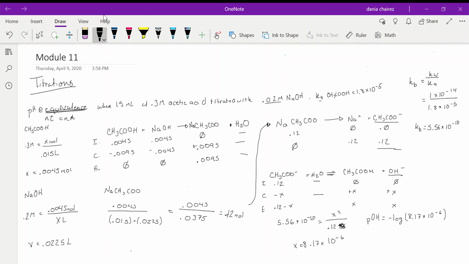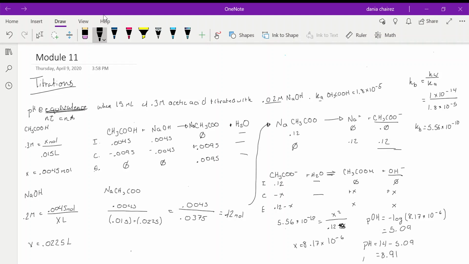So then you solve for that, and the pOH should be 5.09, around about there, but we're looking for pH, so pH is equal to 14 minus 5.09. So then you get pH is equal to 8.91.